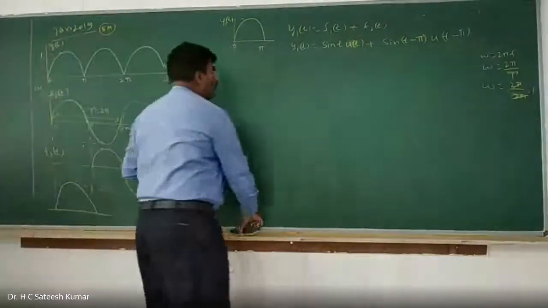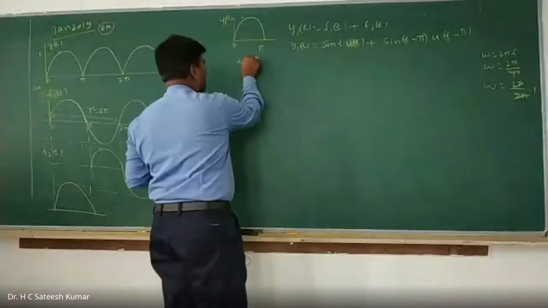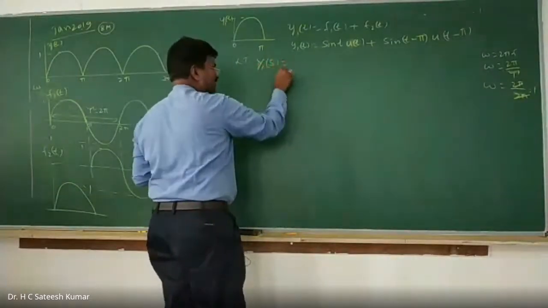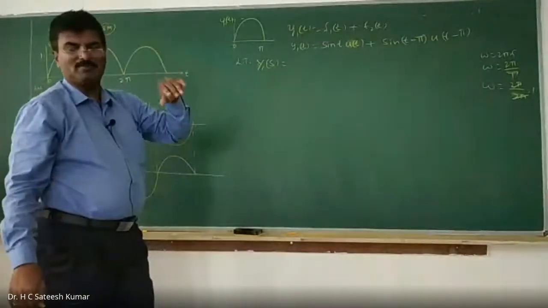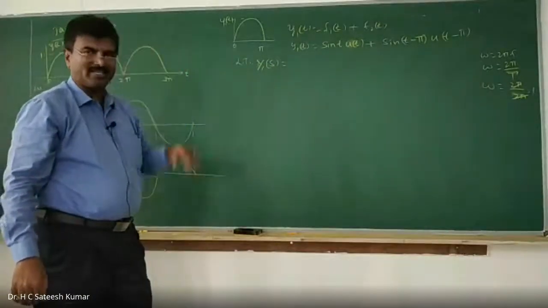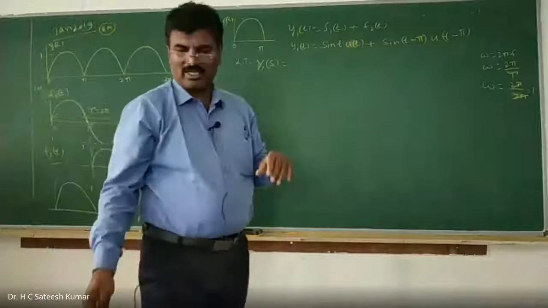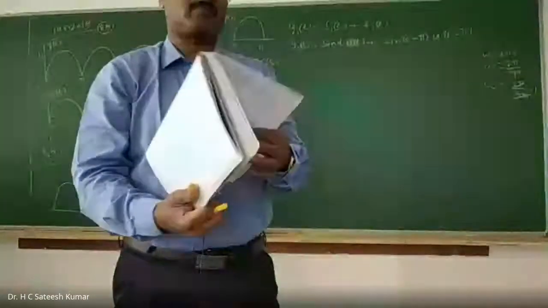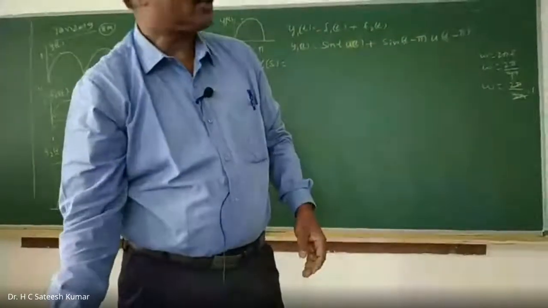So now the Laplace transformation of this one is what we call y1 of s. y1 of s is equal to, we know from the table, sin omega t, recall that. For sin omega t, we have the standard relation omega divided by s square plus omega square.